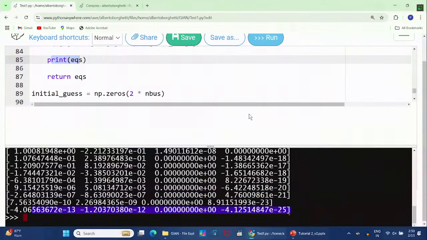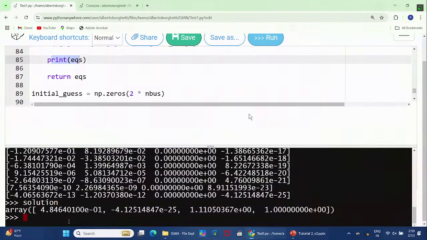So we need to extract now the results. And you see that the results are in solution. So if I put solution here, it gives us first the angles and then the voltages. So these two are the angles. You see that it has calculated the angle in bus 1, that is 0.4.